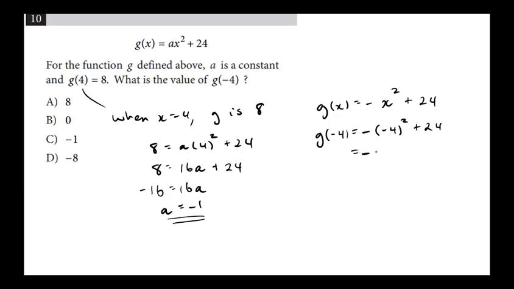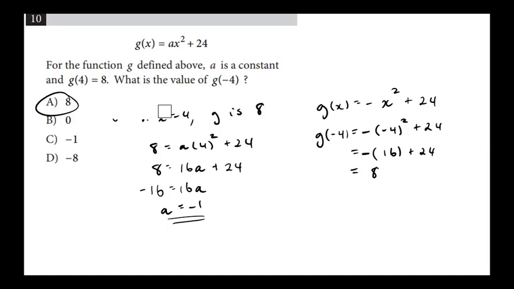So you keep the negative, and then minus 4 times minus 4 is positive 16. You plus 24. And then minus 16 plus 24 goes to positive 8. So the answer is 8.